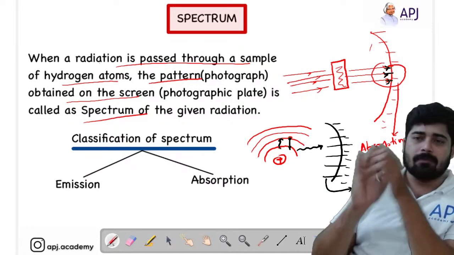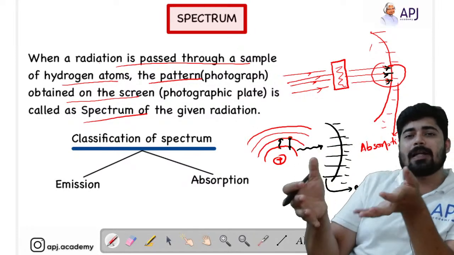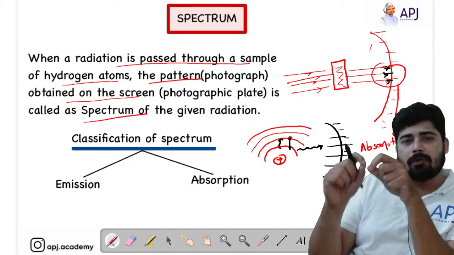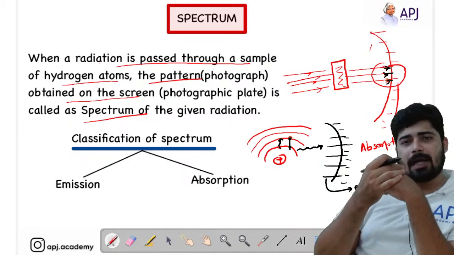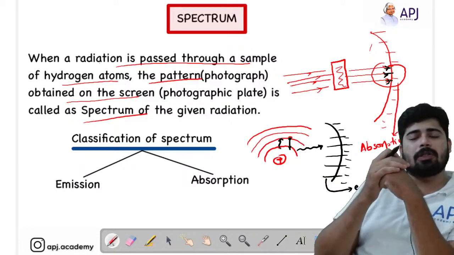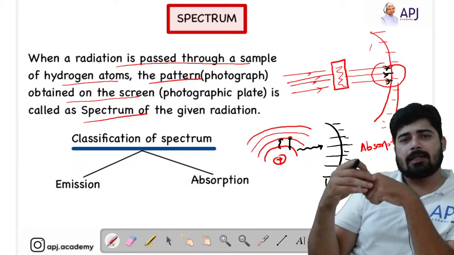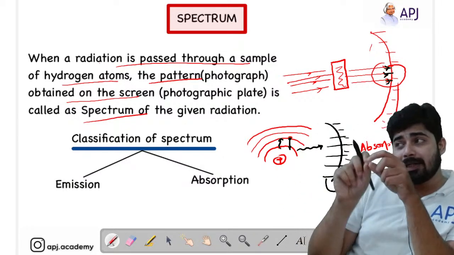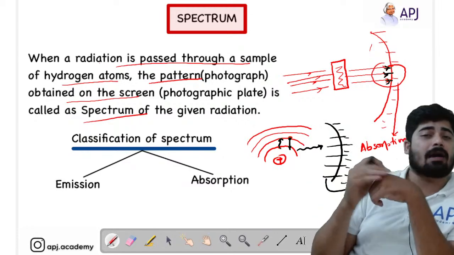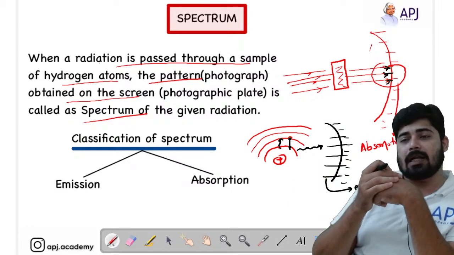Similarly, if energy is absorbed, the electron will be excited to a higher energy shell. Soon after some time, the electron will come back to the normal state or ground state. When it comes back to the ground state after absorption, it releases energy, and only then can it come back. We have discussed that in the previous class.